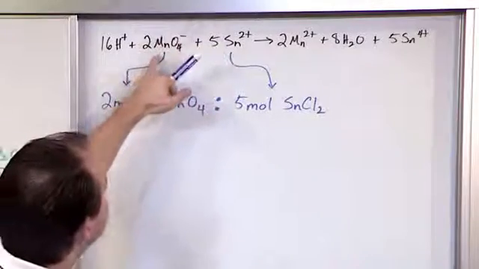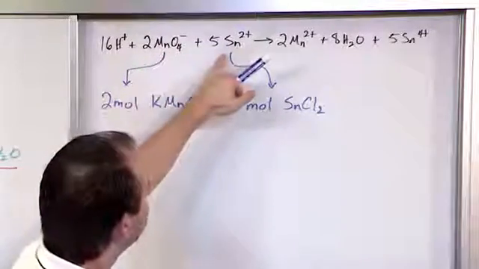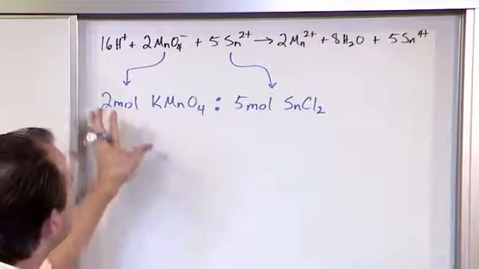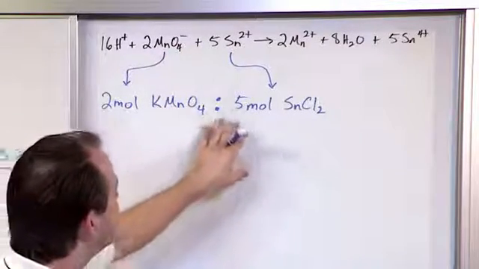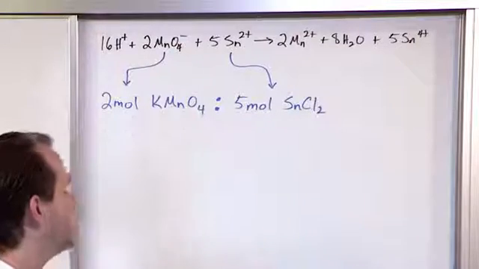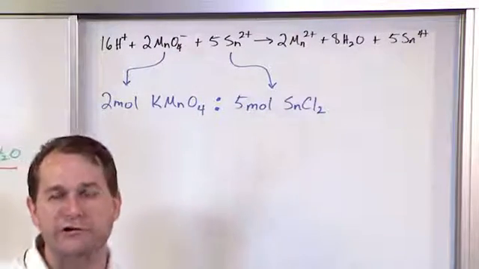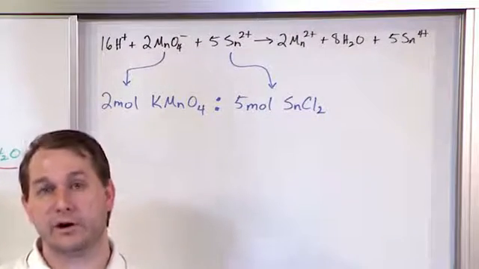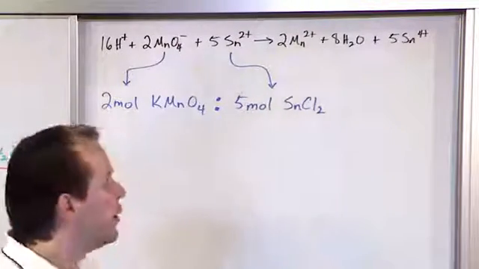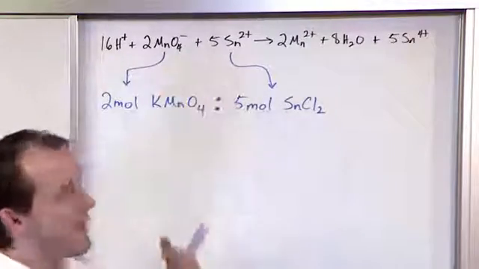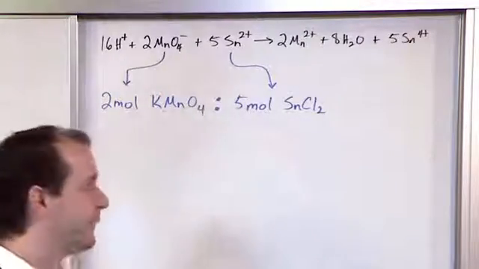So if the ratio of this ion is 2 to every 5 moles of this, then it stands to reason that 2 moles of my real reactant must be reacting with 5 moles of this reactant. And that's what we're really trying to show here. We need to know the molar ratio of whatever it is that we're talking about in our problem, which is spelled out for us, which is this potassium permanganate and this tin chloride. And we get it from the reaction. So that's where you're probably pulling that information from.